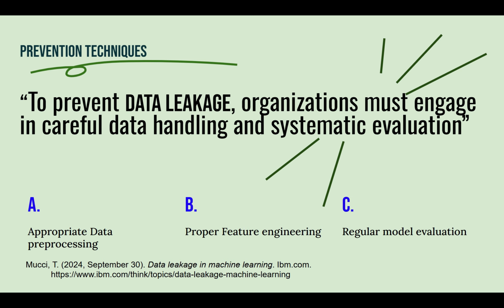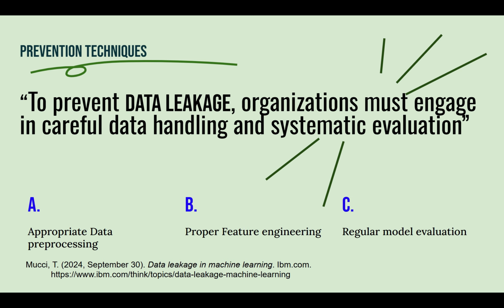Appropriate data preprocessing means that we are cleaning our data properly, making sure our features are at least a little bit correlated to our target, and we are removing uncorrelated features from our data. We don't want to make our model too complex. And proper feature engineering means that we are ensuring that the features we are creating do not contain future information. We'll talk about that more later.